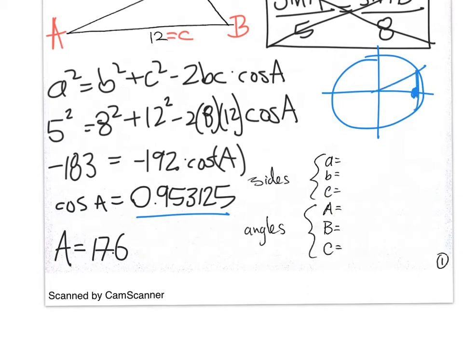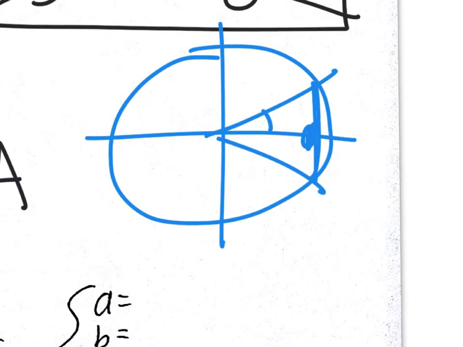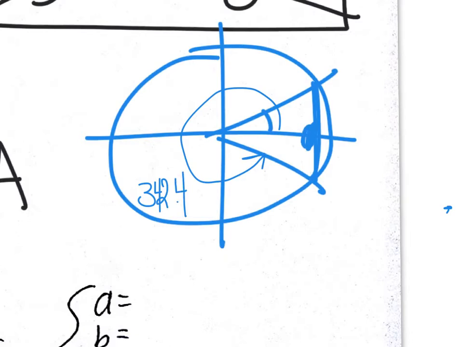So there are two angles that correspond to that. Let's zoom in. There is this angle, which is at 17.6 degrees, and there's also that one, which if we subtracted from 360, we would get 342.4 degrees. That angle is obviously too big for a triangle, right? Because the sum of all the angles has to equal 180 degrees.